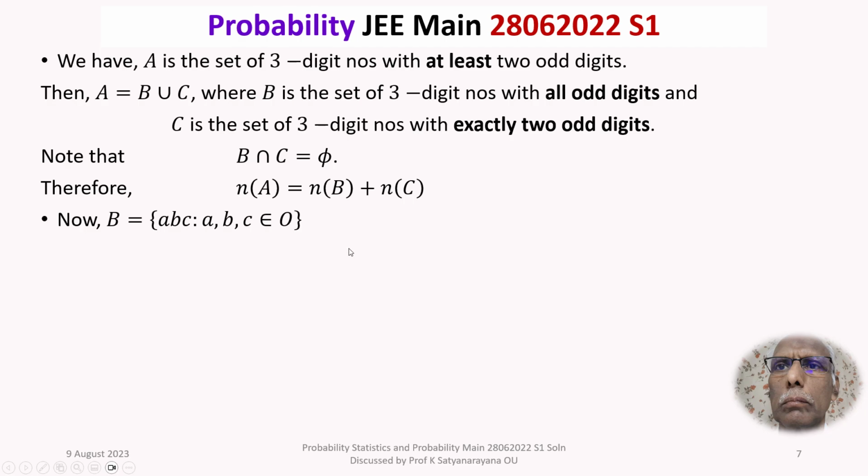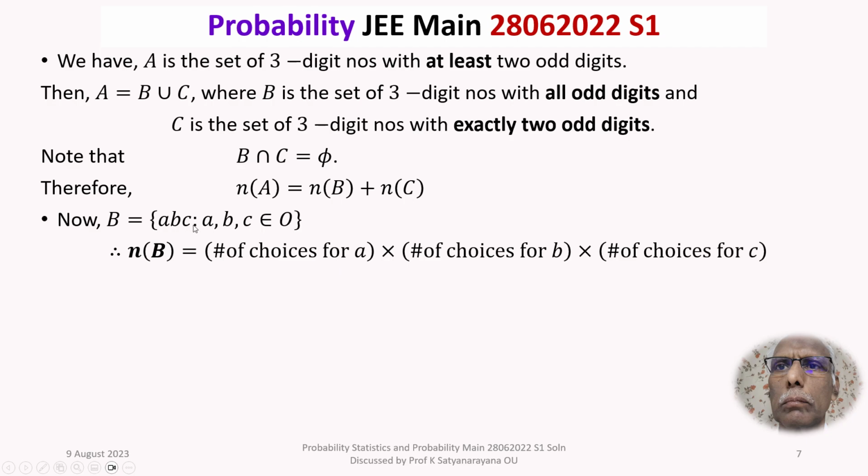So n of B will be the number of choices for A multiplied by the number of choices for B multiplied by the number of choices for C, by the product rule of counting. So it will be n of O, because A, B, C are coming from O, the set of odd digits. So n of O multiplied by n of O multiplied by n of O. That is 5 into 5 into 5, that is 125.